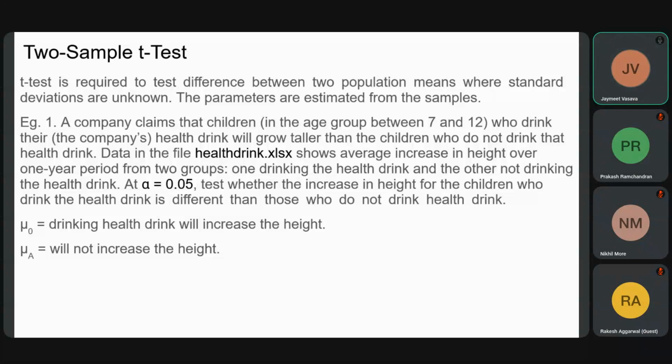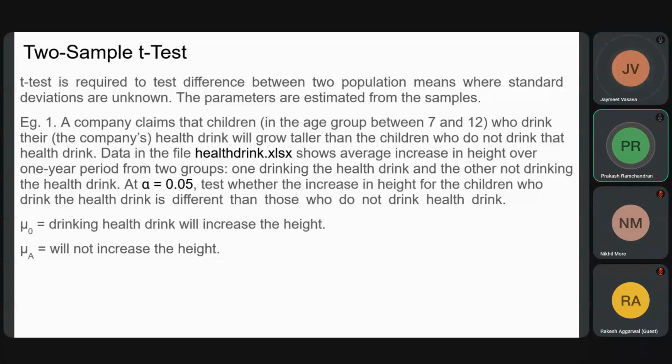Now, in this one, we'll be taking an example of children with two groups, one which takes health drink and one which does not. What we have to observe is which sample, the one that drinks or the one that does not drink, shows an increase in height, or an average increase in height.